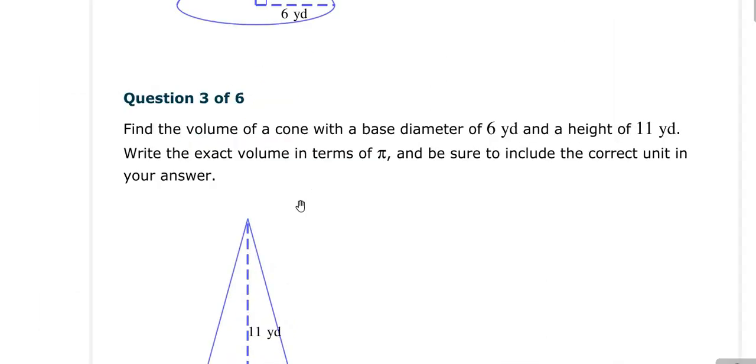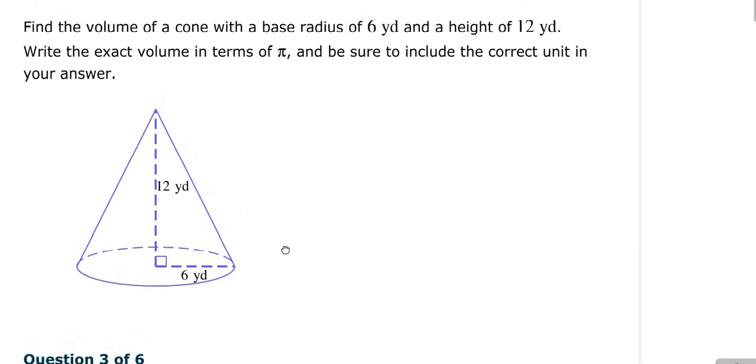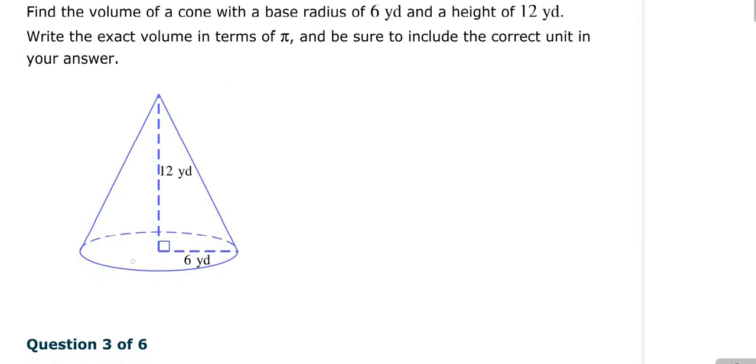Question number 2. Find the volume of a cone with a base radius of 6 yards and a true height or altitude of 12 yards. Write it in exact terms of pi.